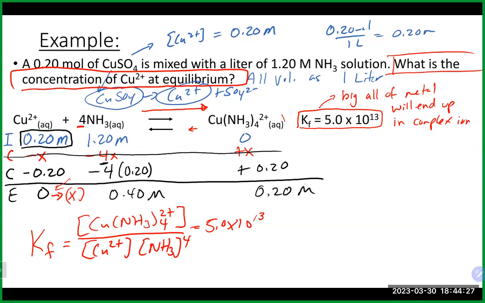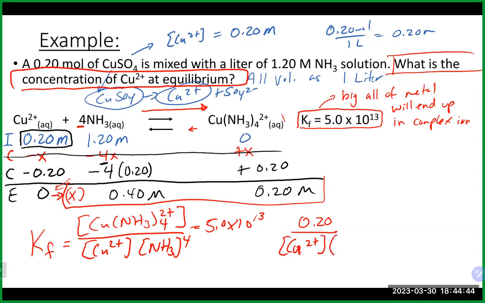So we're now going to put everything in our equilibrium line into our reaction here. So that is going to give us 0.2 up on top. That is going to give us the copper 2, which is what we are looking for. And that is going to give us our NH3, which is 0.4 that I need to take to the 4th power here. And that's going to equal 5.0 times 10 to the 13.